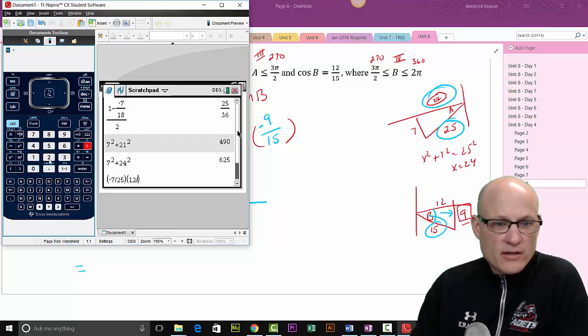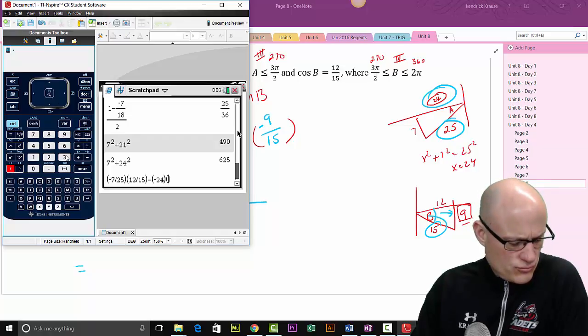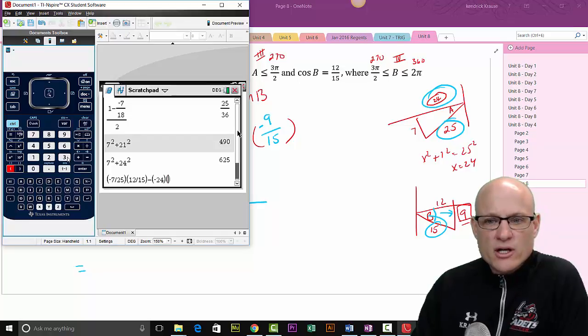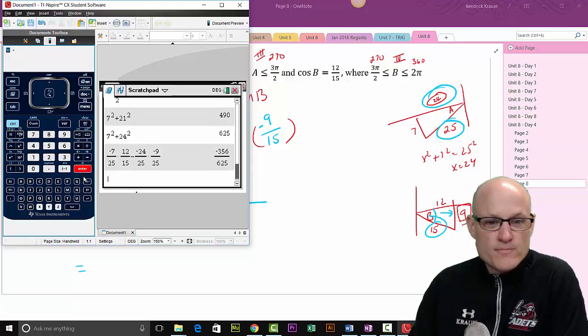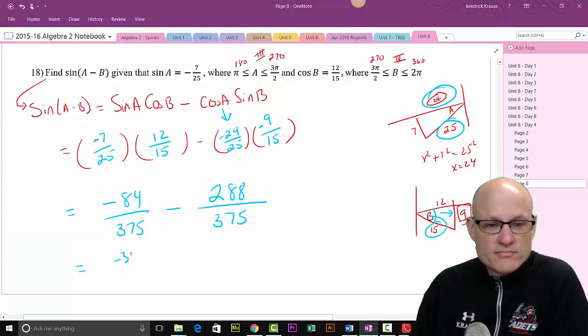Now make sure after you press enter, it looks like what you got on your paper, minus parentheses, negative 24 divided by 25, times negative 9 divided by 15. Oops, I forgot here. Divided by 25. So negative 24 over 25, and we hit enter, and I get negative 356 over 625.